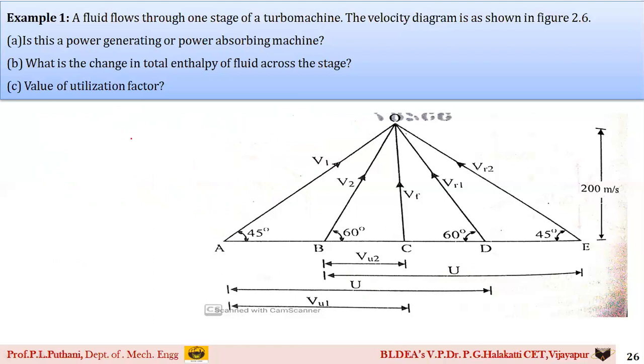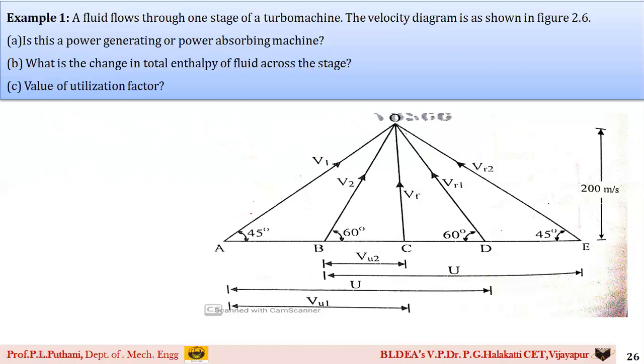What you need to find out are all of these velocities you are seeing on the screen: V1, V2, VF, VR1, VR2, VU2, U, VU1. You have to find their values using trigonometric functions. As I said, it is a 50% reaction turbine.